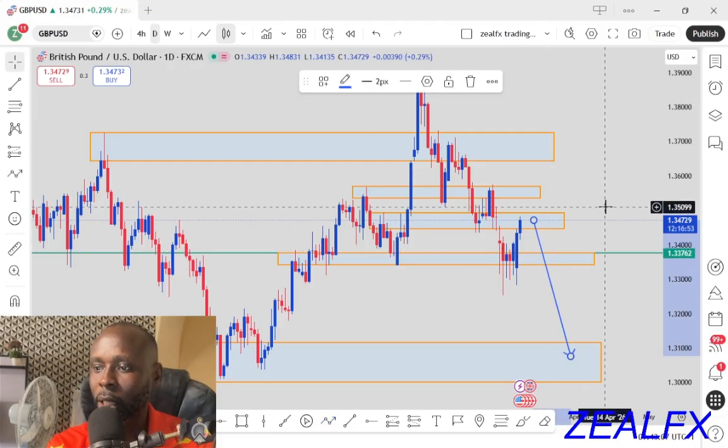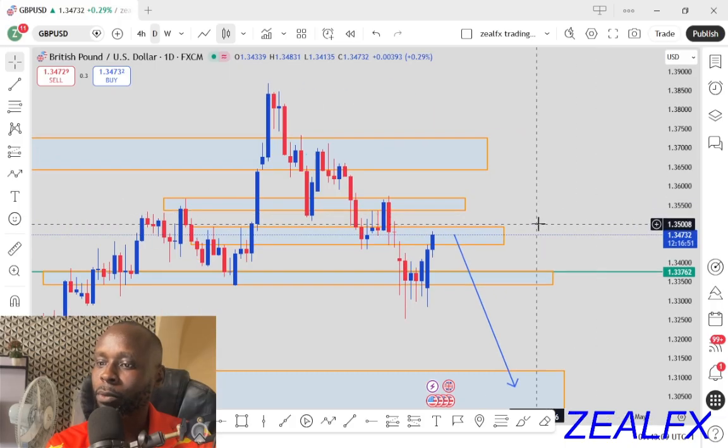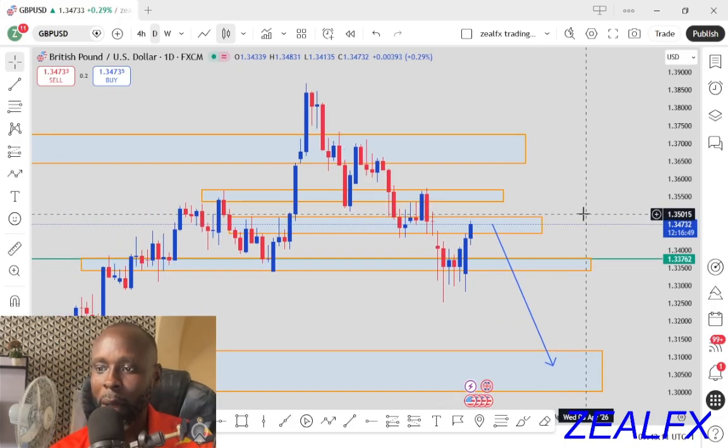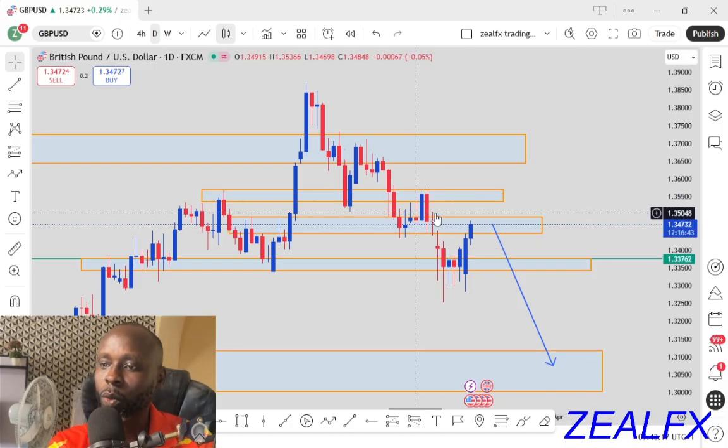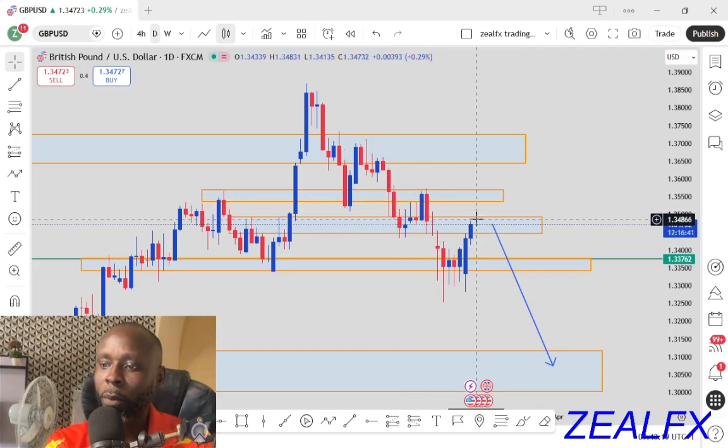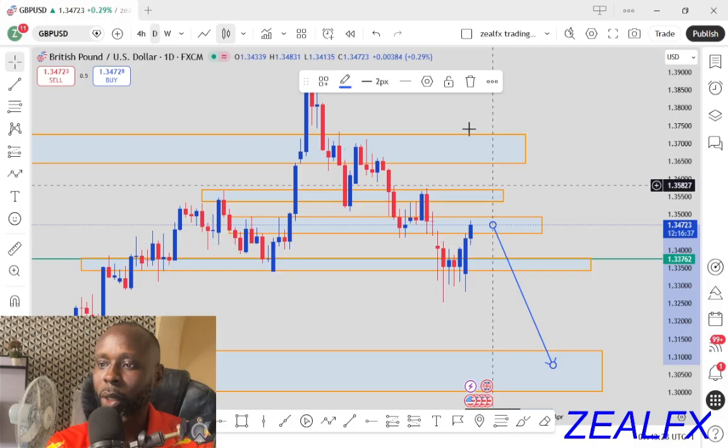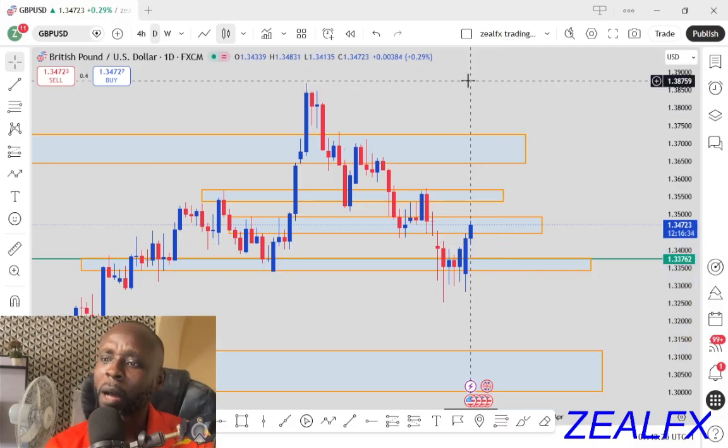Currently, this is my area of interest where I'm expecting to sell the GBP/USD to the downside. If I can see a price action setup from this zone, I'll be looking for my selling opportunity. But before we do that, let's confirm if there's a possibility of price dropping from this particular level, or whether we expect price to continue pushing higher.